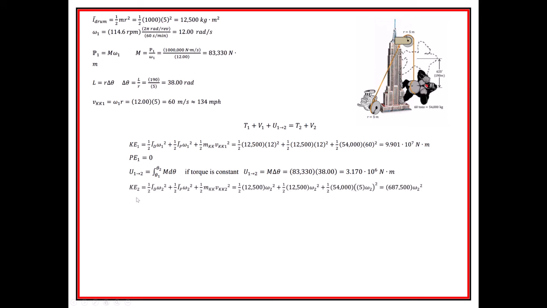We find the kinetic energy at the end. We don't know it, but we do have all of these terms, and we can put them all in terms of omega, so we know what the omega 2 is going to be. We had another choice. We could probably turn everything into maybe the velocity of King Kong or something like that. But omega seemed to be a good middle ground to use.